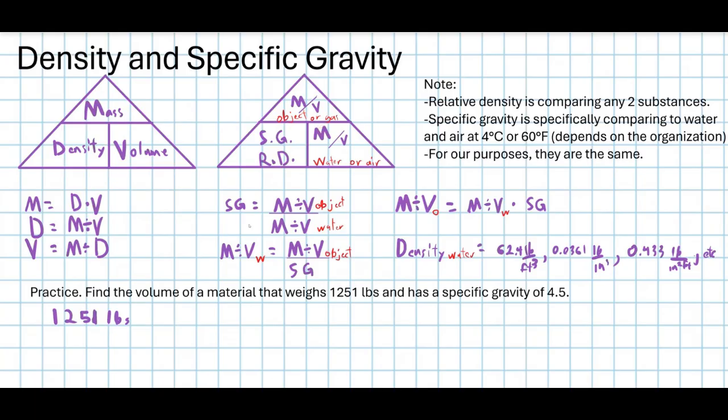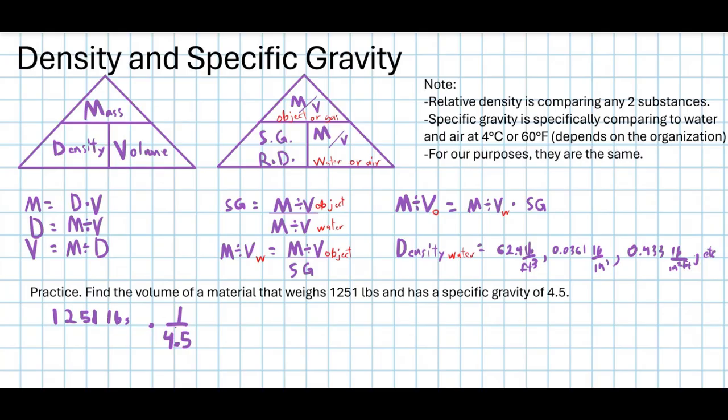If we look at the equation down here, we're looking for the mass and volume of our water, but we know that this volume and this volume are the same. So I have my mass divided by the specific gravity. In this case, I take my 1,251 pounds, and I'm going to show it as multiplying by the inverse, 1 over my specific gravity of 4.5.